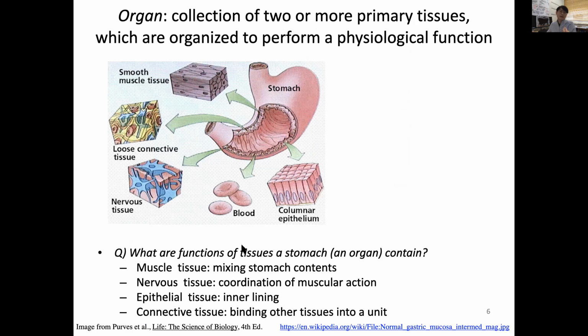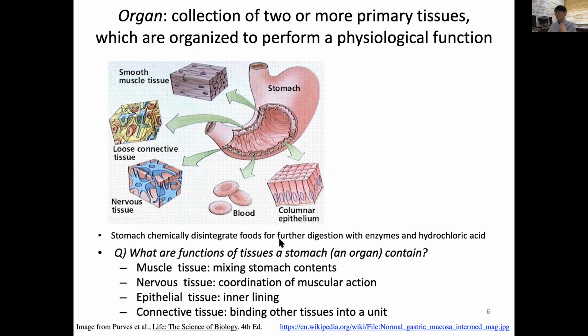So let's bring an example so that we can understand the organ, which is a collection of two or more primary tissues organized to perform a physiological function. For example, let's think about the stomach. The stomach's physiological function is to chemically disintegrate food for further digestion with enzymes and hydrochloric acid.